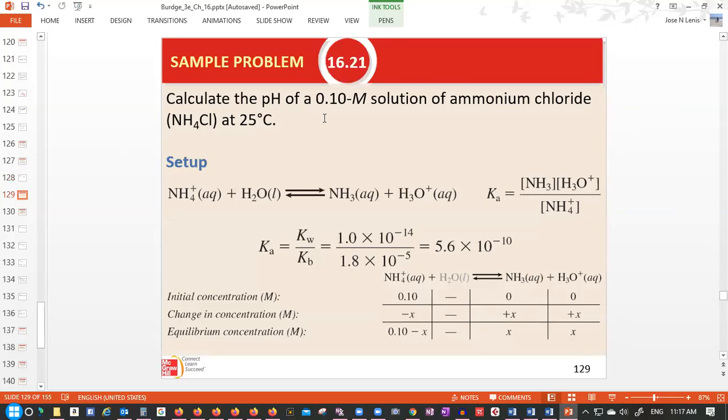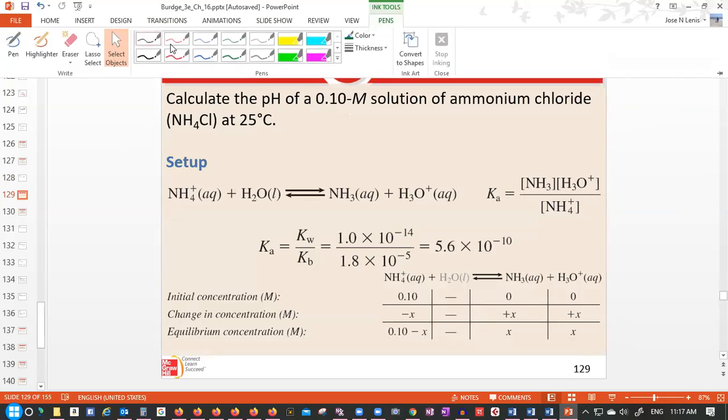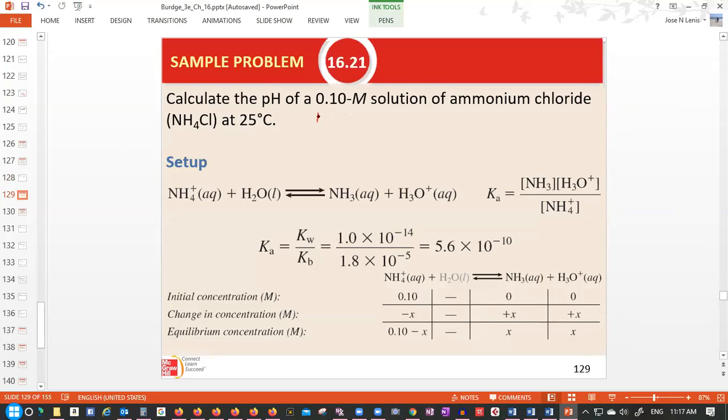Take your salt and dissolve it in water. NH4 Cl is a solid. It's a salt, so it comes in crystals, pretty similar to table salt.